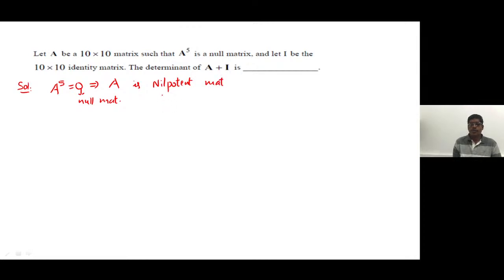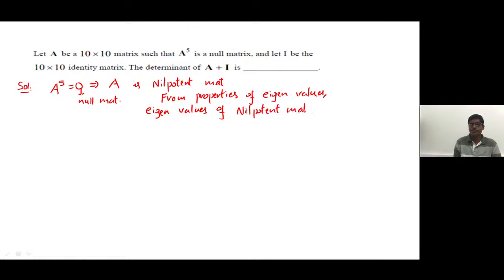So from the properties of eigenvalues, the eigenvalues of a nilpotent matrix A are all equal to 0.